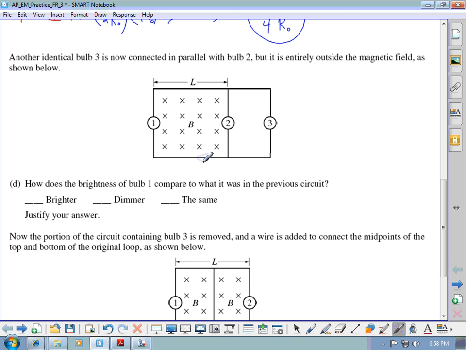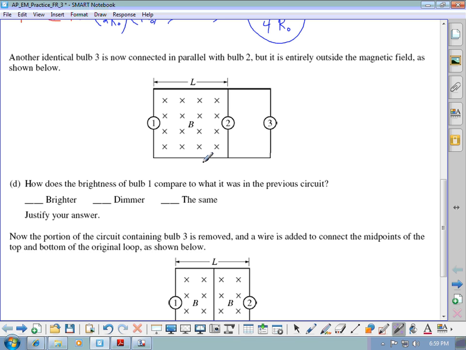I think that that's an extremely helpful way of doing it personally. If you think of it that way, then it becomes clear what you have happening. You still have the same voltage that's being induced because you still have the same magnetic flux. It's the same size loop, same rate of change of the magnetic field.